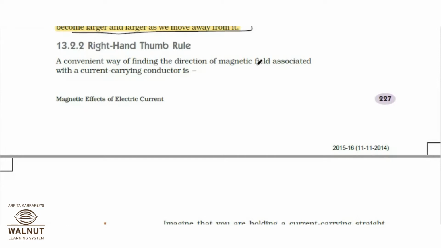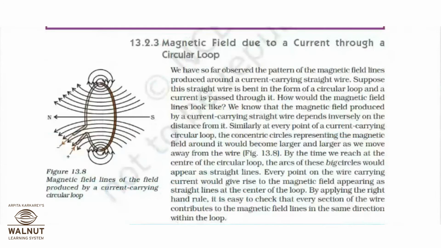Magnitude we can find using some formula. But what about direction? For finding the direction of magnetic field associated with a current carrying wire or conductor, we will be using this rule, the right hand thumb rule. This rule is also called, just wait, you can get the name from here.